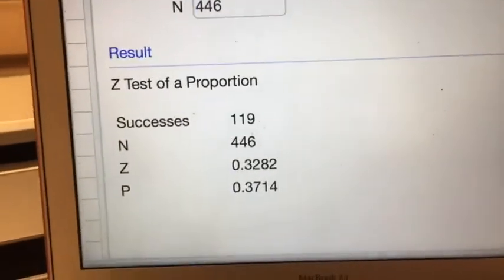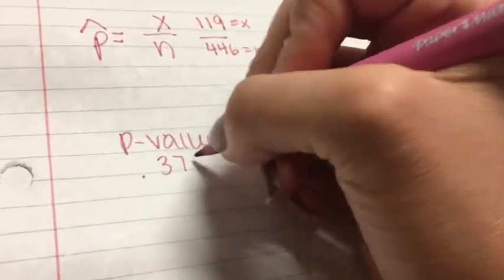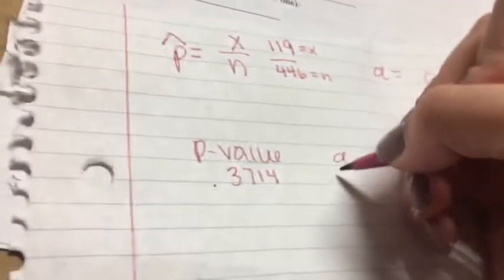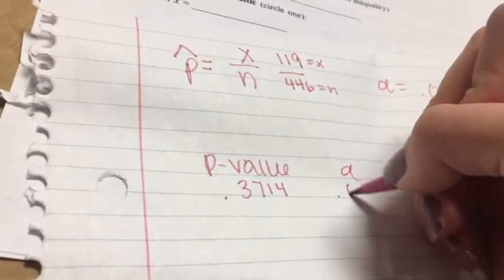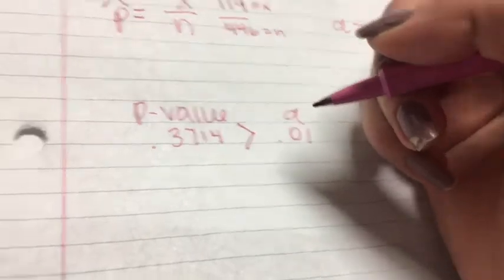And after plugging that into the calculator, I get a p-value of 0.3714. And I'm going to be comparing that with my alpha, which is 0.01. And right off the bat, I can already tell that my p-value is larger than my alpha.